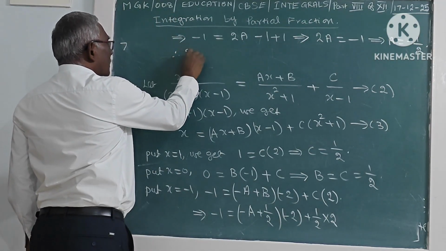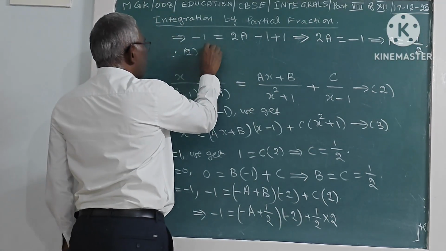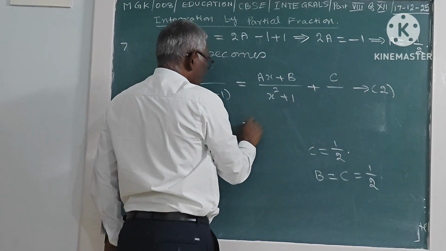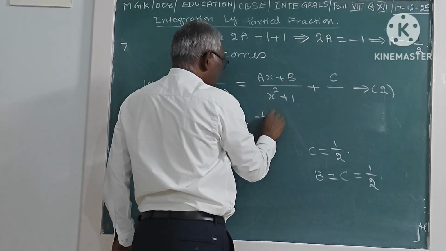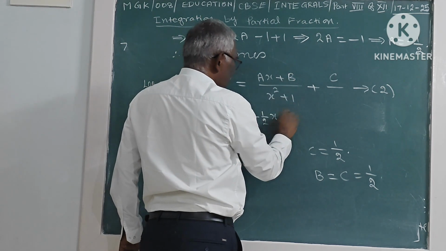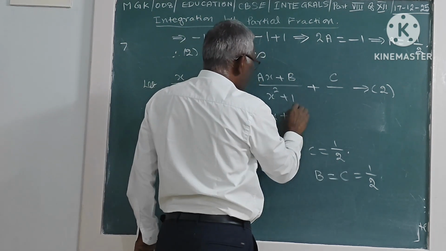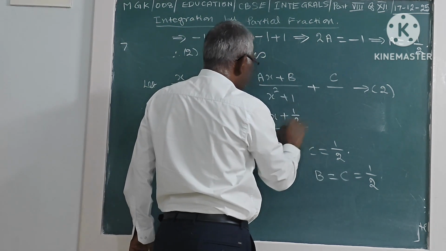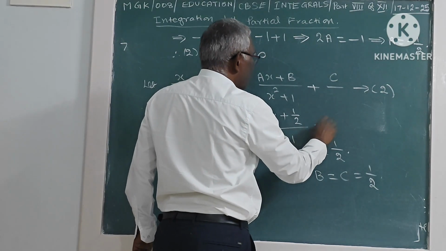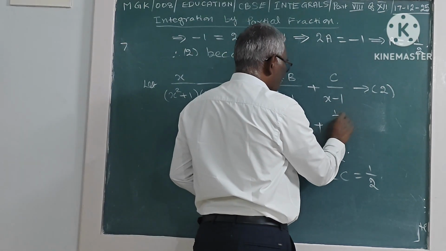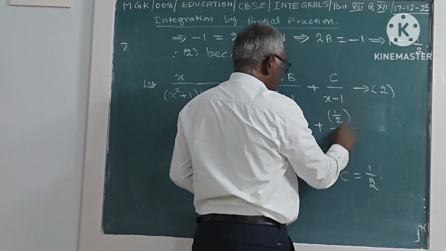Therefore, this one becomes a is equal to minus half. So minus half x plus b is equal to half by x square plus 1 plus c is a half, so half by x minus 1.